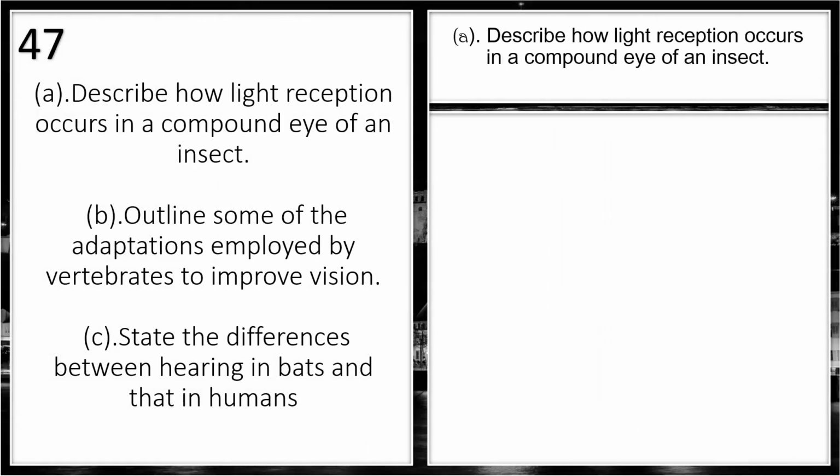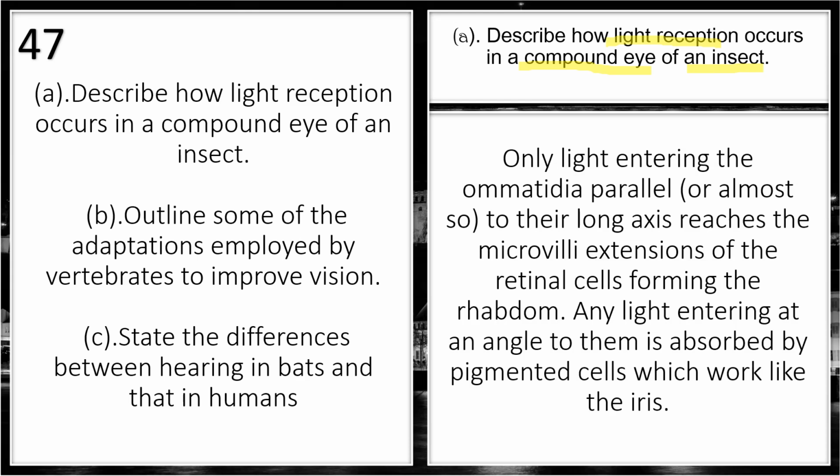Part A. Describe how light reception occurs in the compound eye of an insect. Only light entering the ommatidia parallel or almost parallel to their long axis reaches the microvilli extensions of the retinal cells, forming the rhabdome.